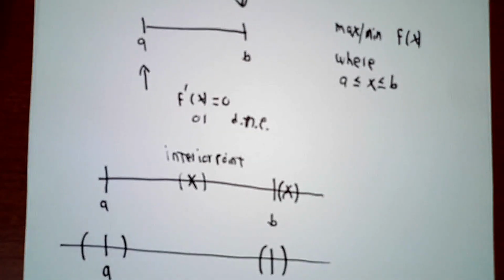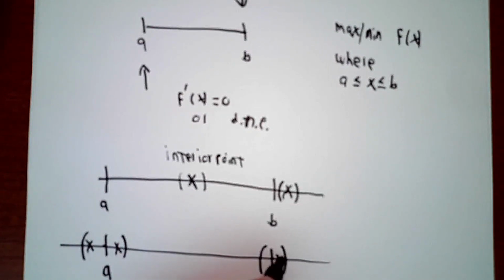Then looking directly at a and b, a is the center of some small interval, but no matter how small I make it, this interval contains both points of the interval from a to b and points that are not in the interval from a to b.